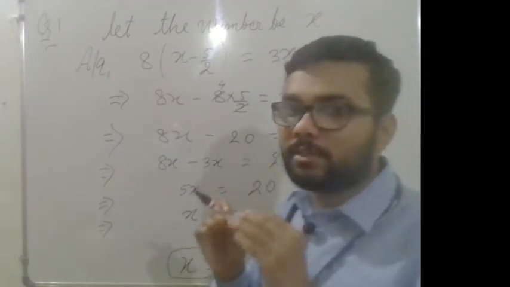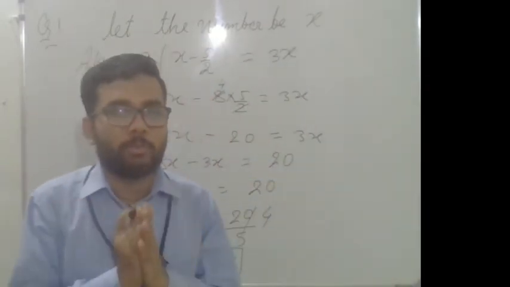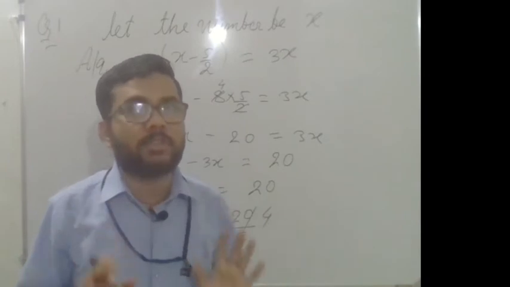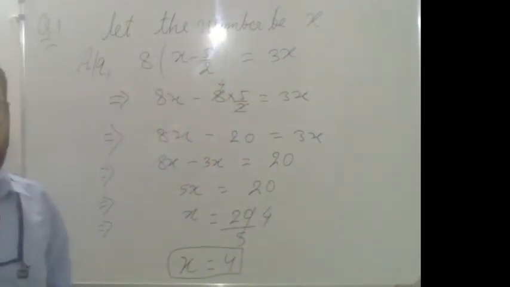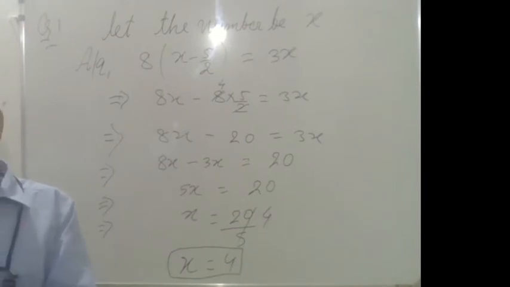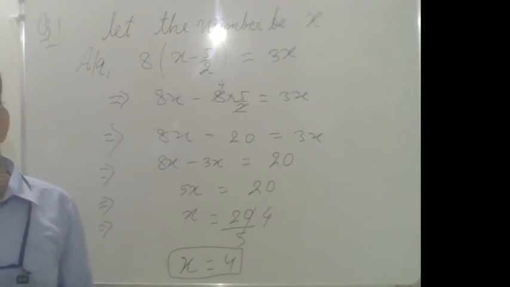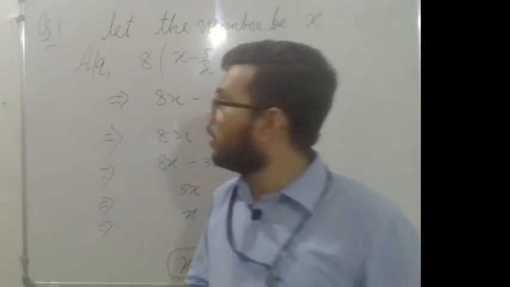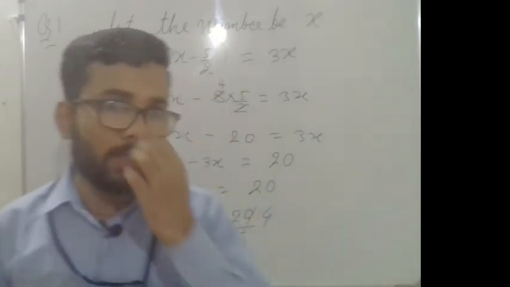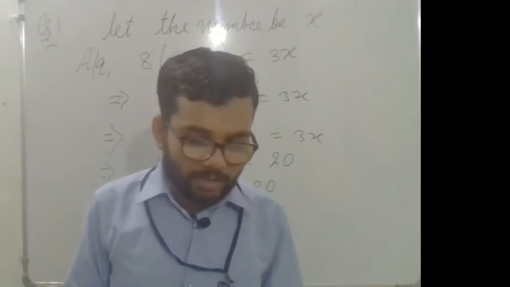Similarly, the very simple way to solve a word problem is to first read the question, then try to solve. So in this way you can solve all the questions of the next exercise. All the questions are word problems.